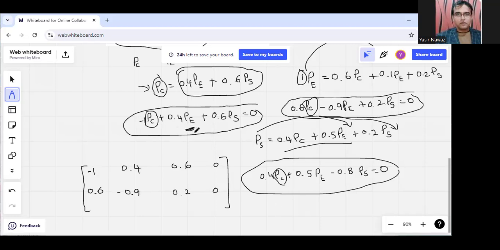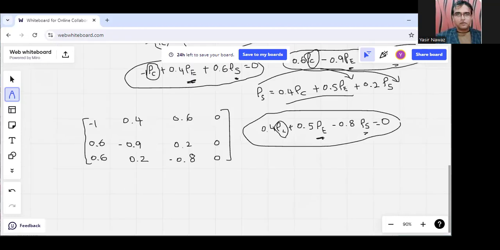If PE is considered second, then in every equation you will have PE as the second quantity. If PS is the third quantity, then in every equation you will consider PS as the third quantity. Now for the third one, it is 0.4, 0.5, and minus 0.8 PS, is equal to 0.